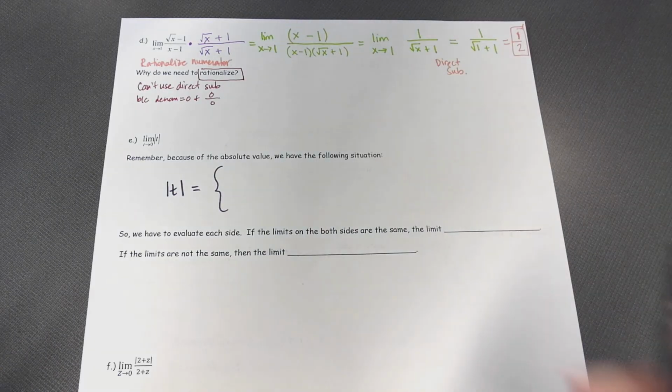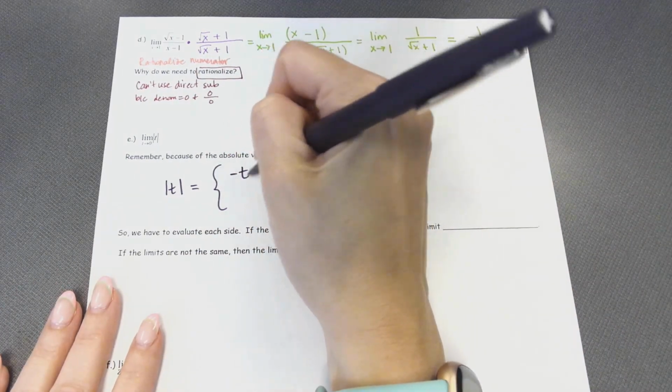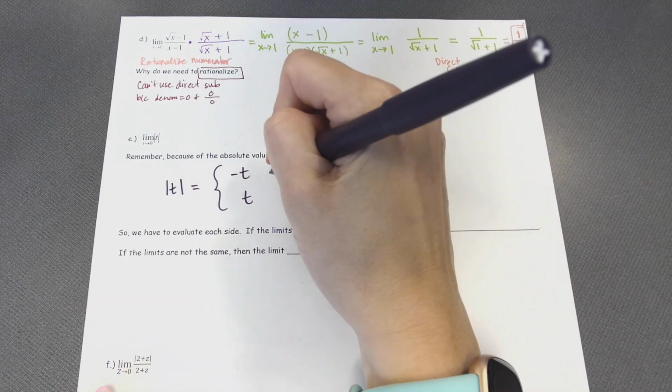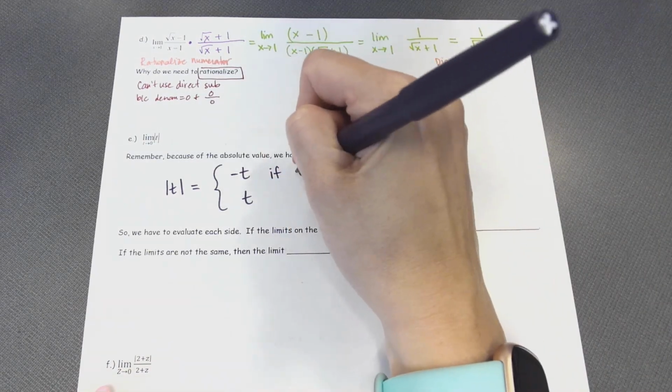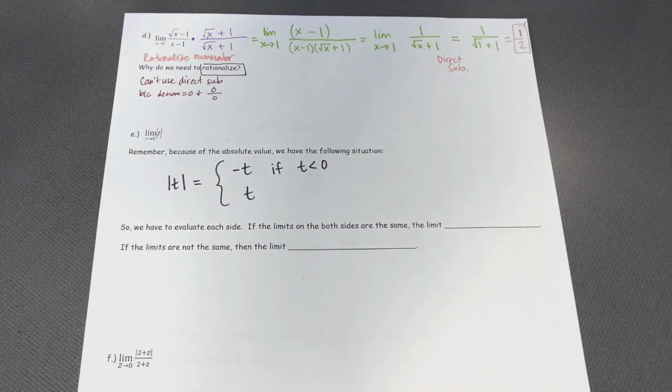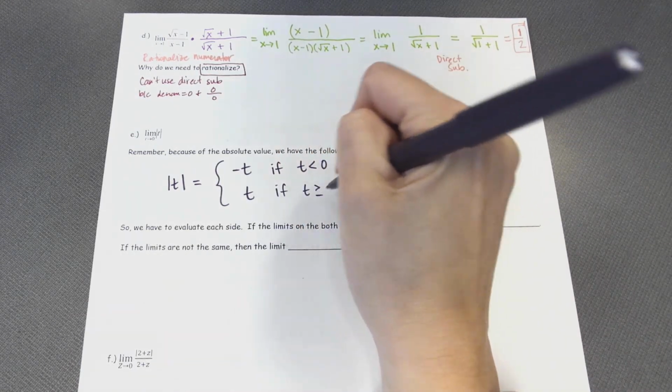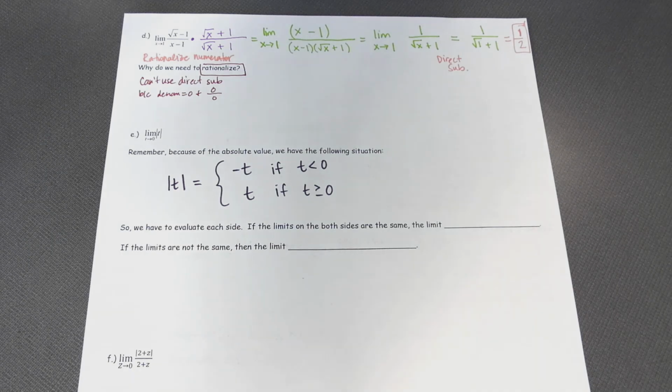Whatever's inside the absolute value, it can be negative or it can be positive. So it can be negative t or it can be positive t. Okay, it's negative if the value is less than 0. It's positive if it is greater than or equal to 0.